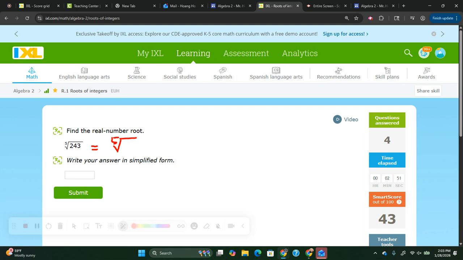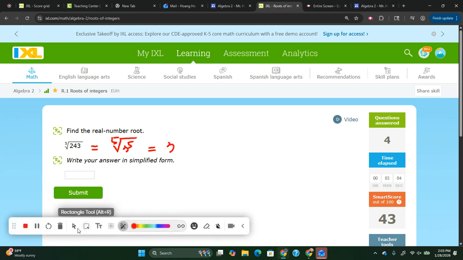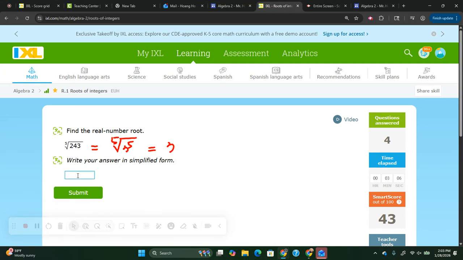But you know 243 is 3 to the power 5, so the fifth root and power 5 cancel out, so the answer is 3. Or you can punch this in your calculator. It should come out as 3.